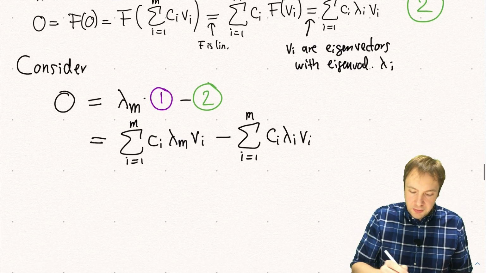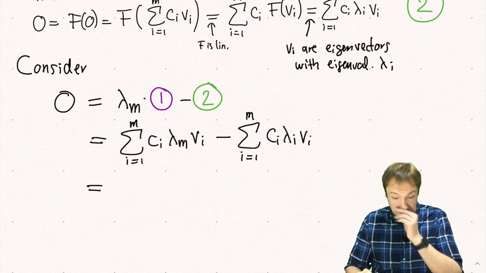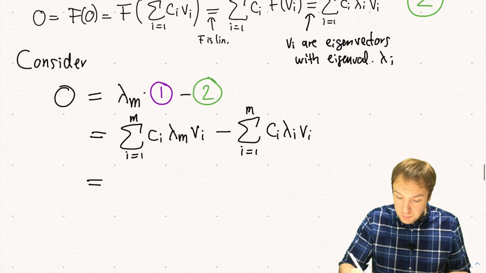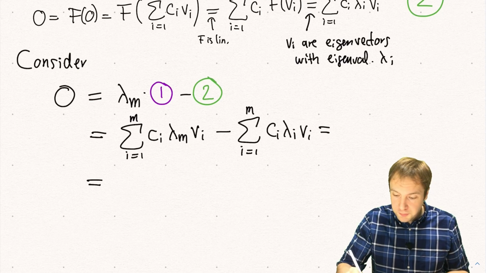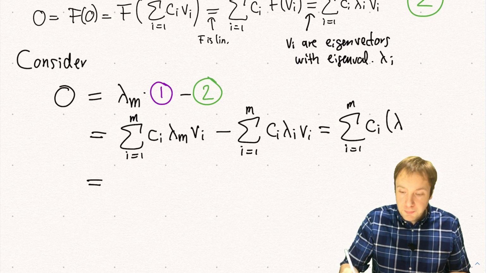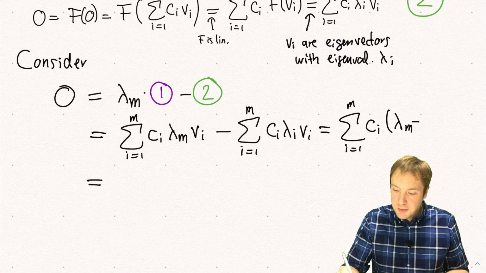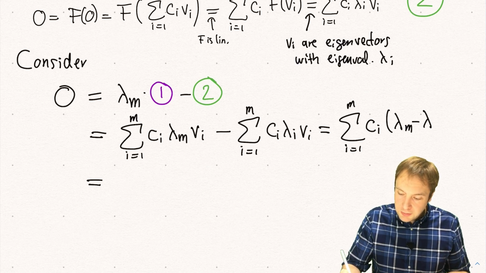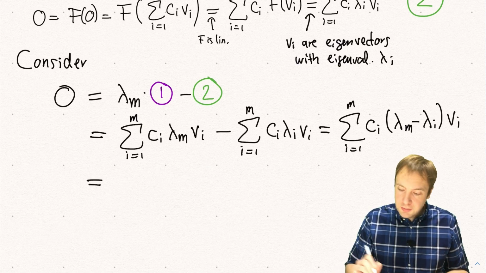So what does this mean? In other words, I have the sum i goes from 1 to m, ci times lambda m minus lambda i, vi.